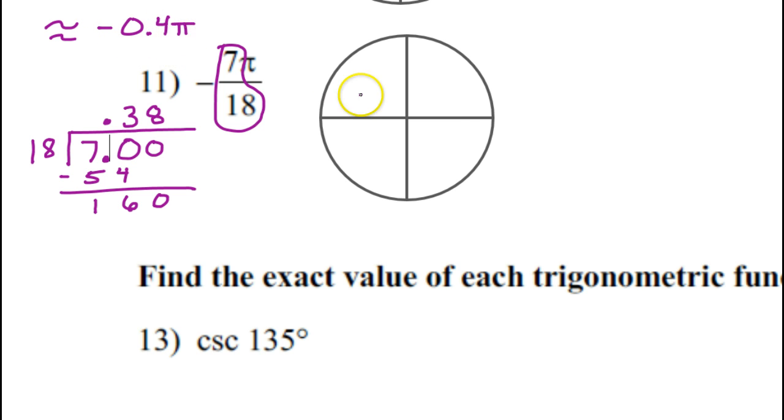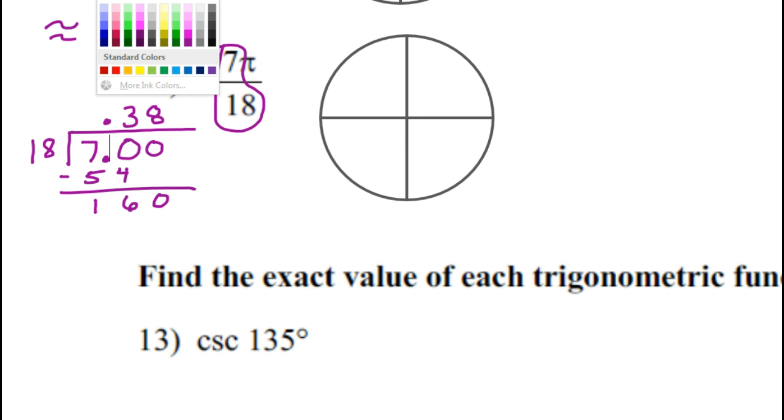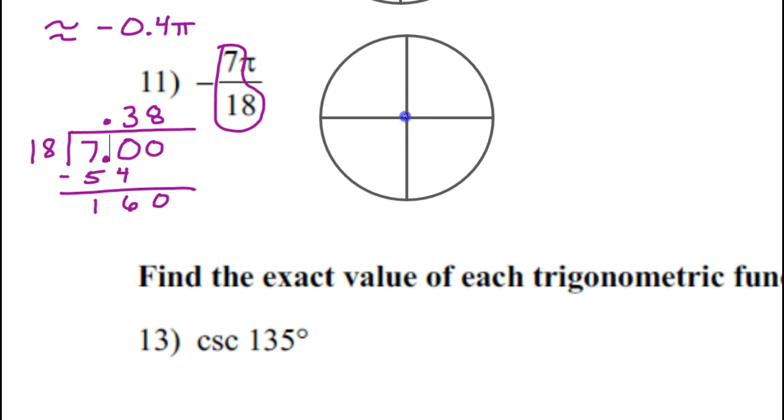Okay, so that is what I'm going to be graphing. So here is the initial side, as always. This is negative, which means we're going to move in the clockwise direction. So remember, a semicircle is pi. So if I stopped here, this would be negative half of a pi, or negative 0.5 pi.